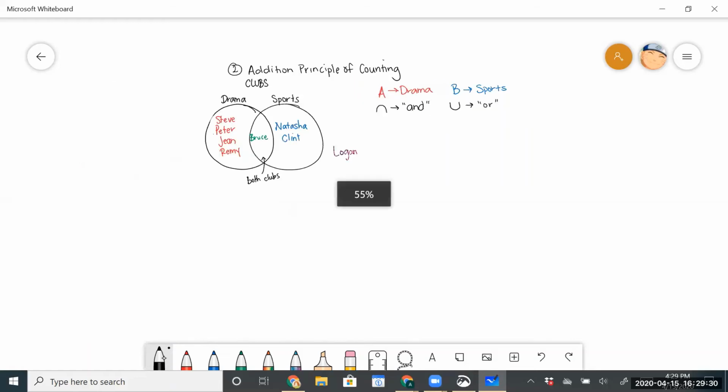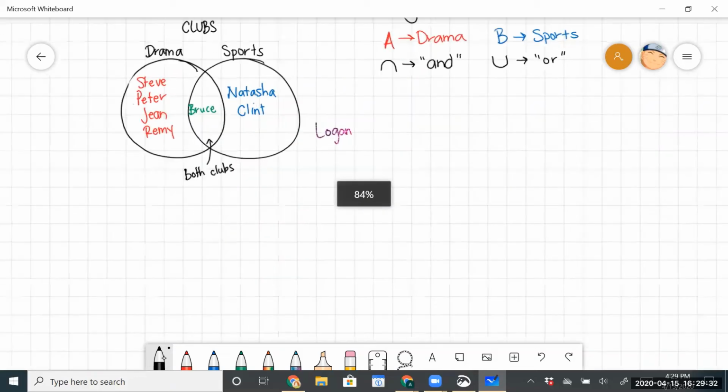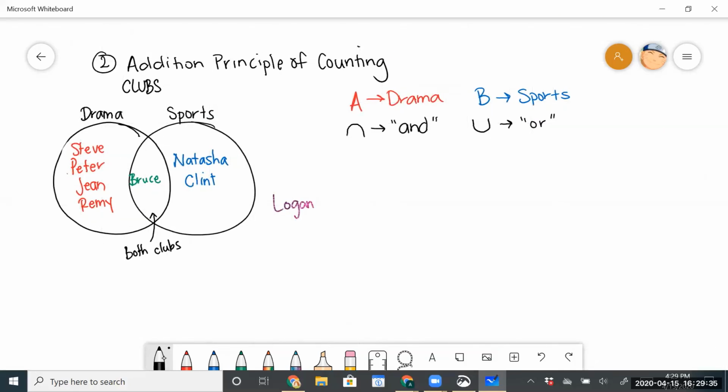So I might ask you for n of A, which really just means the number of items or people or things, the number of people in group A. If I look over at my Venn diagram, I see very clearly that there are, oh, I'm sorry, not 4 people, 5 people in group A. I almost forgot about Bruce because he wasn't in the red.